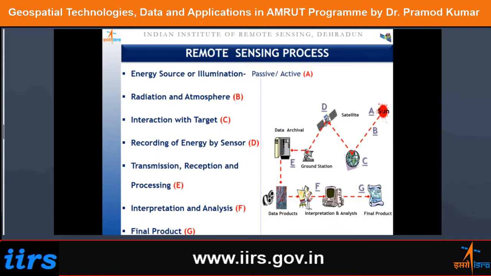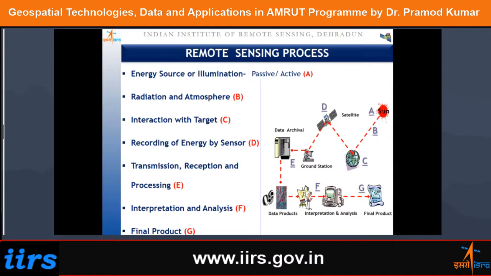Now, once the data is collected by the satellites, it is disseminated through specialized channels to the ground receiving station, and the data, after the pre-processing operation, is disseminated to the user.